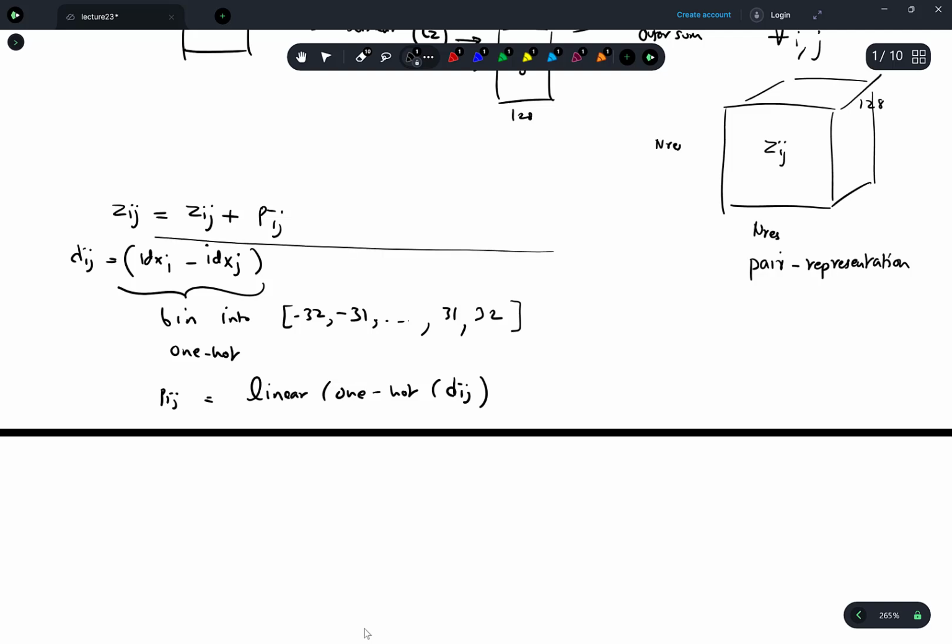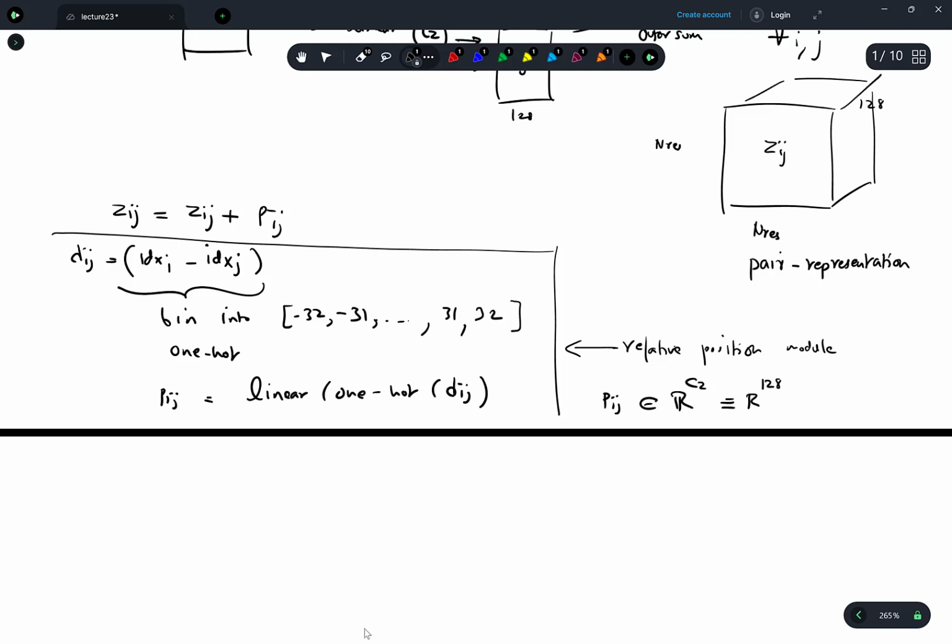This is the relative position module, and Pij also belongs to RCZ. Okay, so it all makes sense.